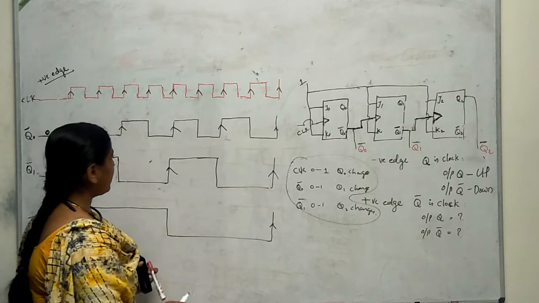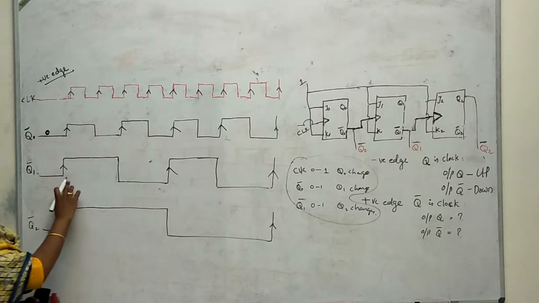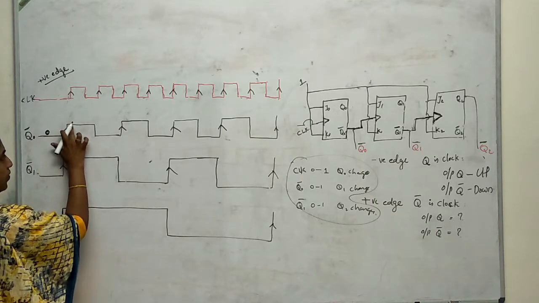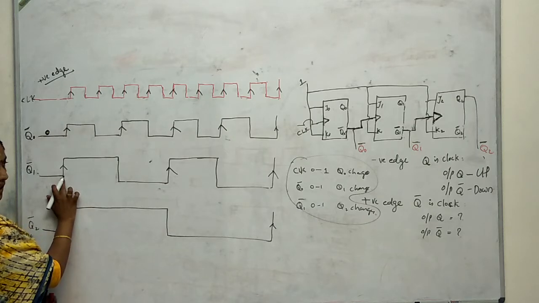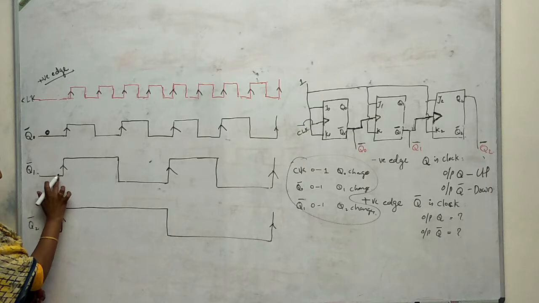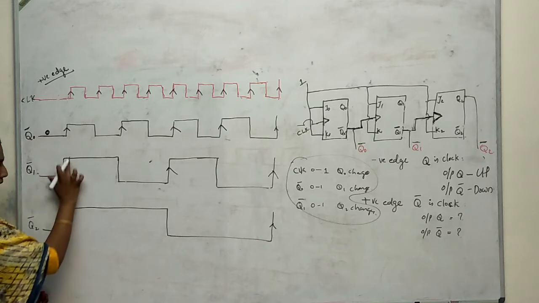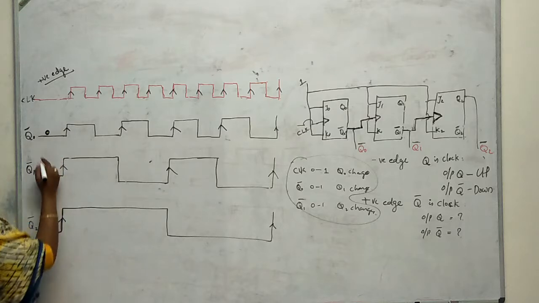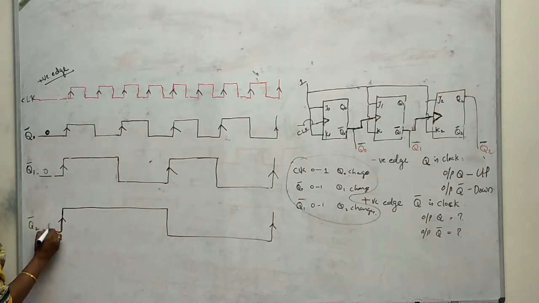When Q0 bar goes from 0 to 1, there is a change in the next flip-flop. Similarly, when there is a change from 0 to 1 in Q1 bar, there is a change in the next output. Here I have assumed that all are 0.